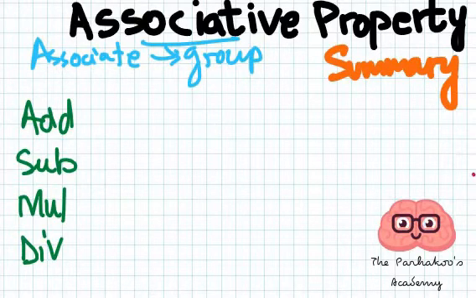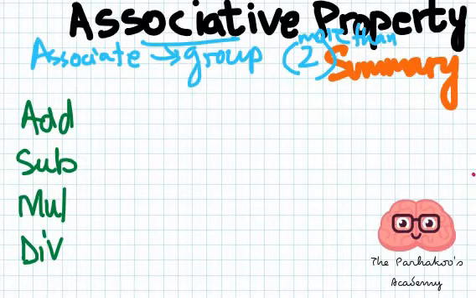It deals with more than two elements. If it's two elements, then it's a commutative property, and if it's more than two elements, the same commutative property transforms into the associative property. So you can say it's a higher level of commutative property.